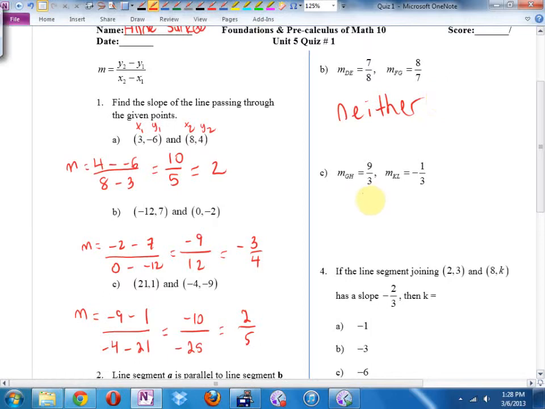C. You know what? This needs to be reduced. This is really 3 over what? Those are perpendicular. And that was the symbol for perpendicular, an upside down capital T. Or you could write perpendicular, but you know I'm going to use an abbreviation if I can. So 1 mark for each of those.